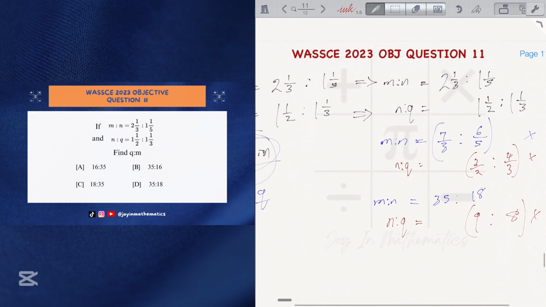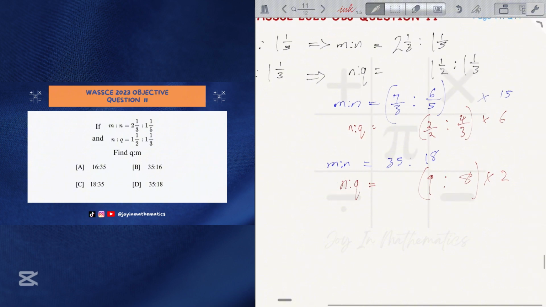So let's simplify further. Let's repeat m ratio n: it is equal to 35 ratio 18, and n ratio q is equal to 9 multiplied by 2, which is 18, and 8 multiplied by 2, which is 16.